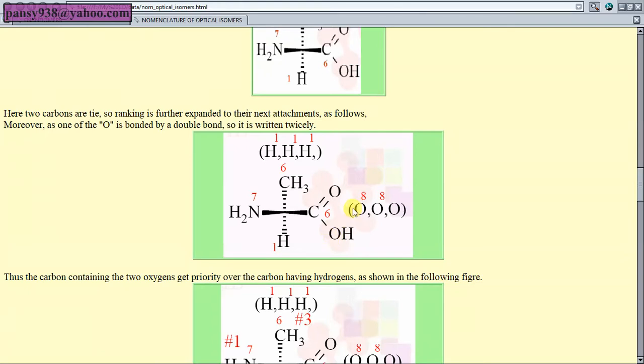So 8, 8 and 8. Thus this carbon has 3 oxygens, one of them double bonded, and this one has 3 hydrogens. So this carbon has more priority over this carbon.